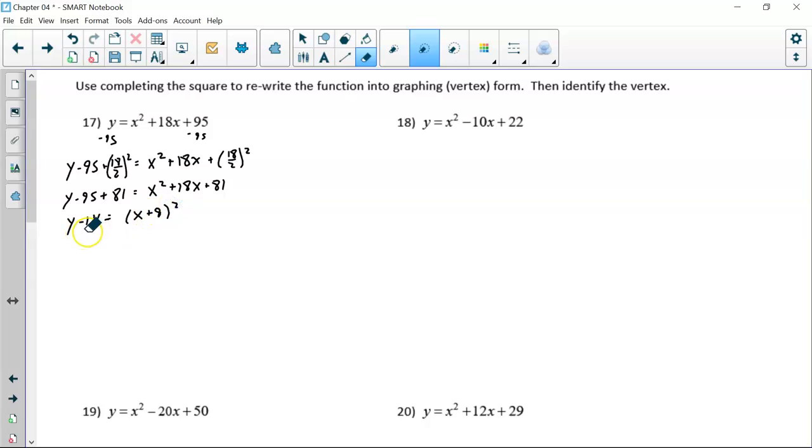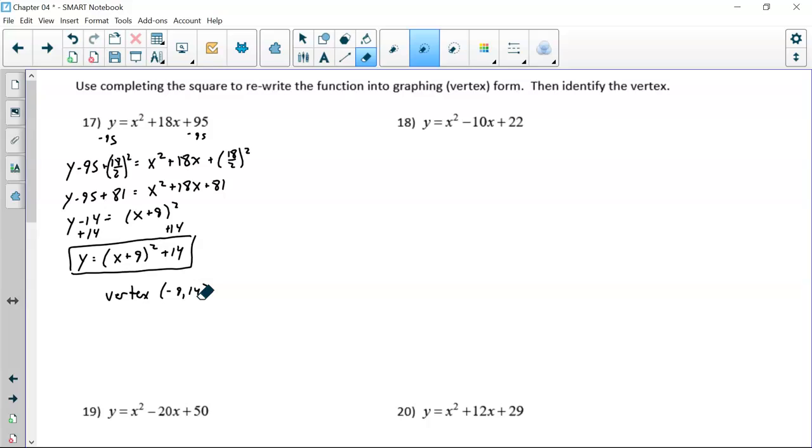And then we just isolate the y by adding 14 to both sides. So you get y equals x plus 9 squared plus 14. Now what we have is our quadratic out of standard form and into that vertex form, that graphing form. And our vertex is located at negative 9, 14.